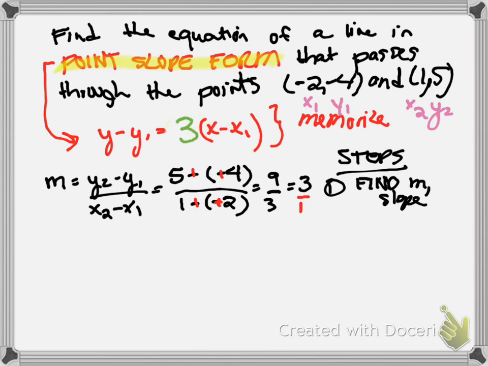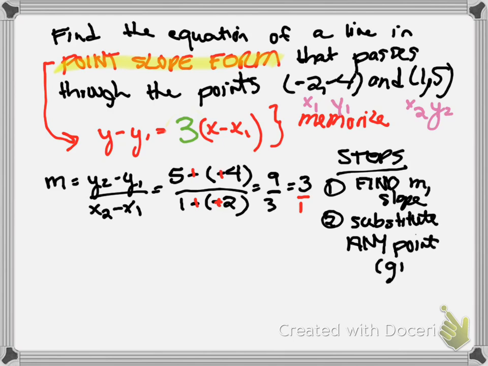I erased the m, and I wrote the 3. So we're halfway there. We found the slope. Now we need to substitute any point that was given.